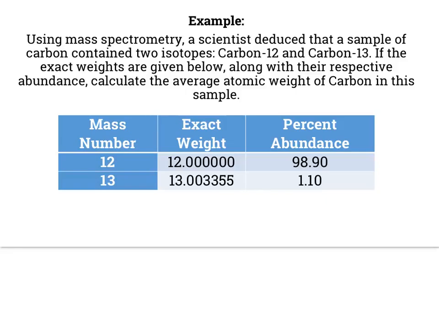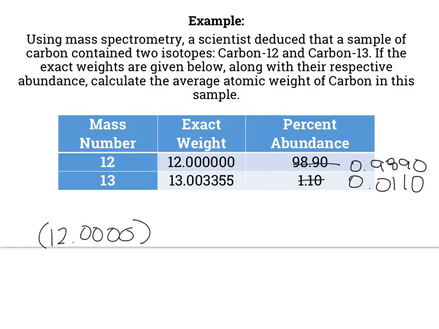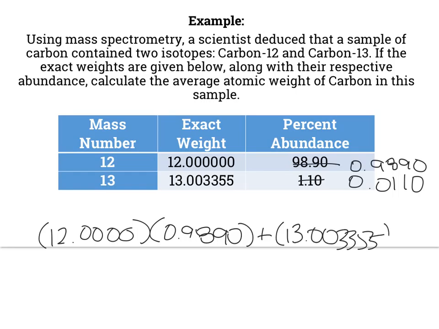All right. Now that you're back, very simple. Our percent abundance is 98.90. In decimal form, this is 0.9890. This would be 0.0110. All we do is 12.0000 times 0.9890, plus 13.003355 times 0.0110.